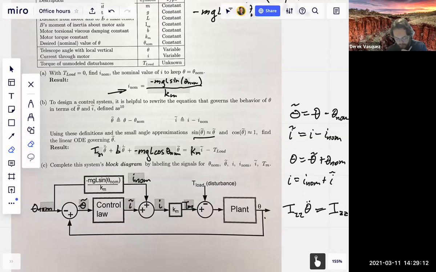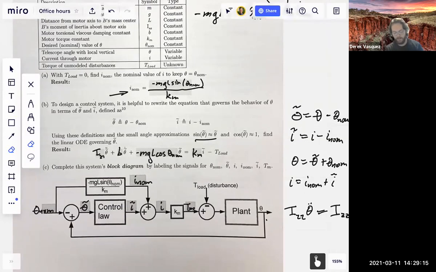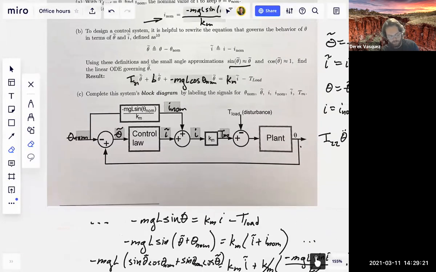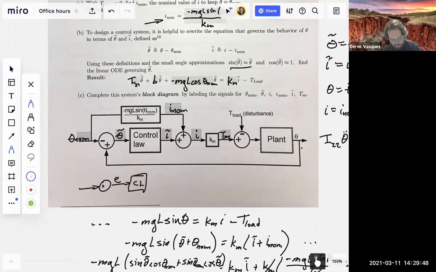Yeah, so a control law is, a more basic block diagram than this one is going to be, you have some input signal, and that's going to go into a summing junction, and then your error goes into a control law, and that turns your error into some system input.